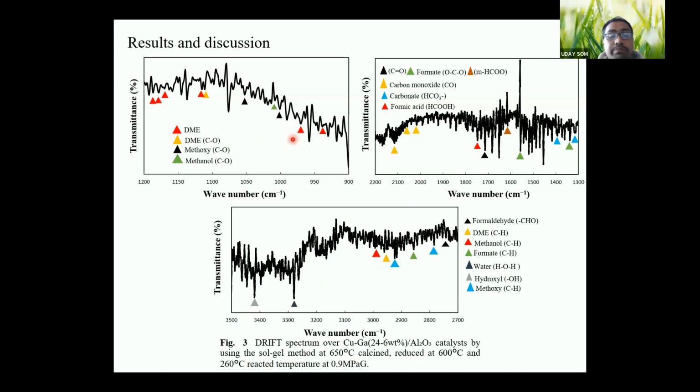The intermediate peaks of formate and the water hydroxyl group are sharp at the 260 degrees reactor temperature. So, comparing the different reaction temperatures, 220, 240, we get the best peak at 260 degrees.